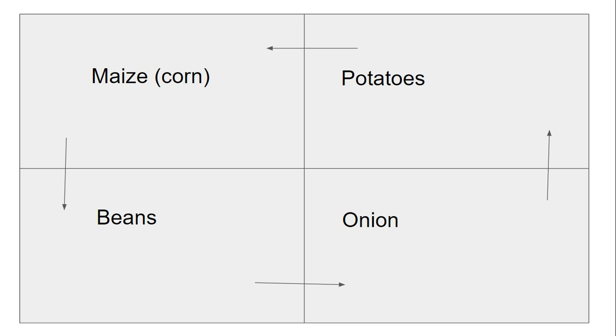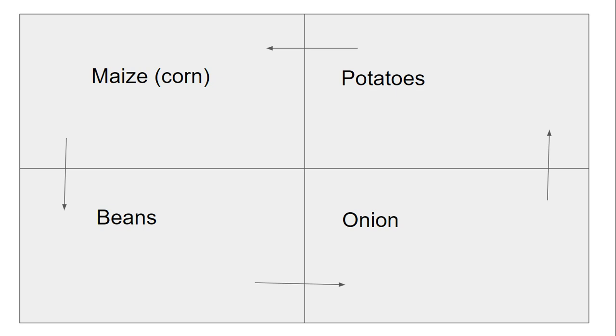In this case, the top left quadrant is going to be corn, and then the following year it'll be where the beans were, and then the following year after that it'll be where the onions were, and then where the potatoes were.